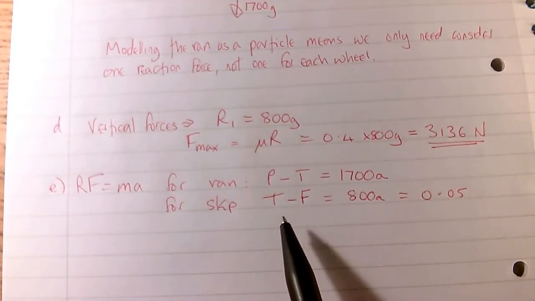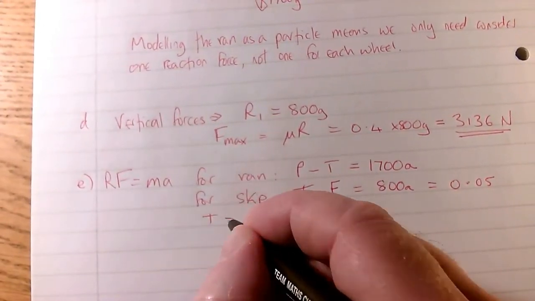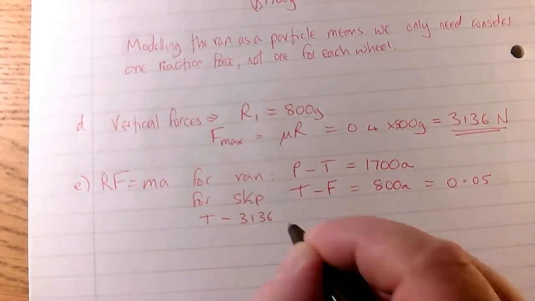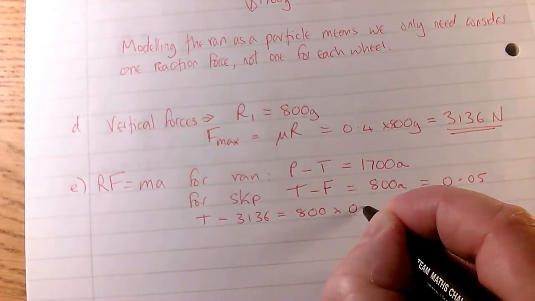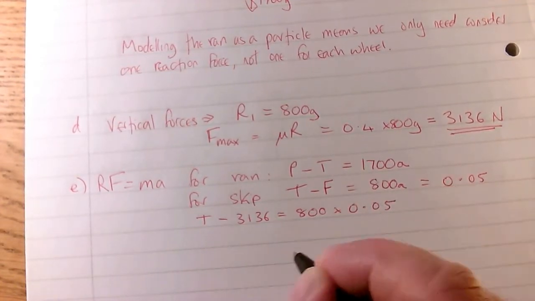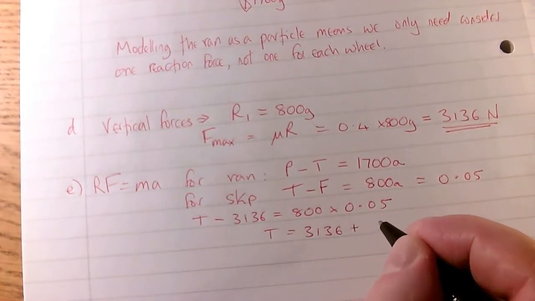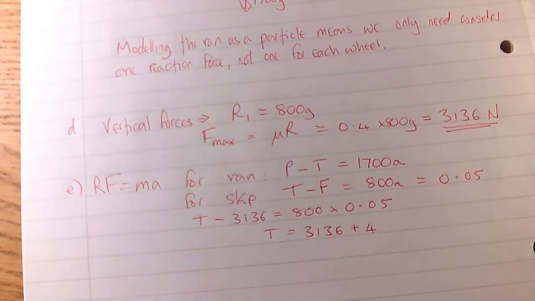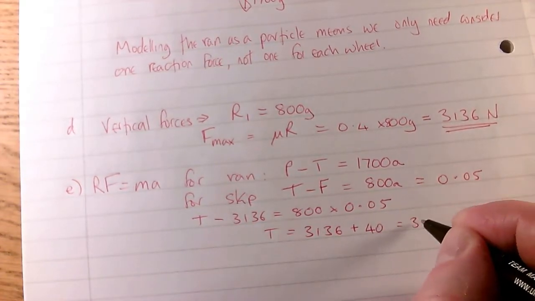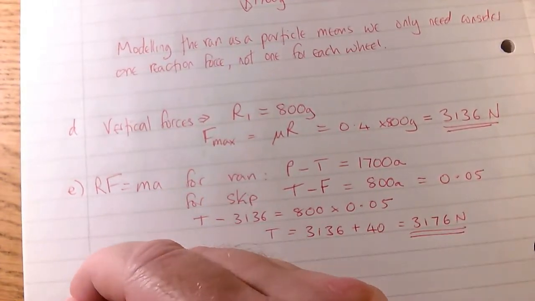We can just find out what T is, because look, we found F. So we've got T minus 3136 equals 800 times the acceleration of 0.05, which gives us T equals 3136 plus, what's that, 40. So that equals 3176 newtons.